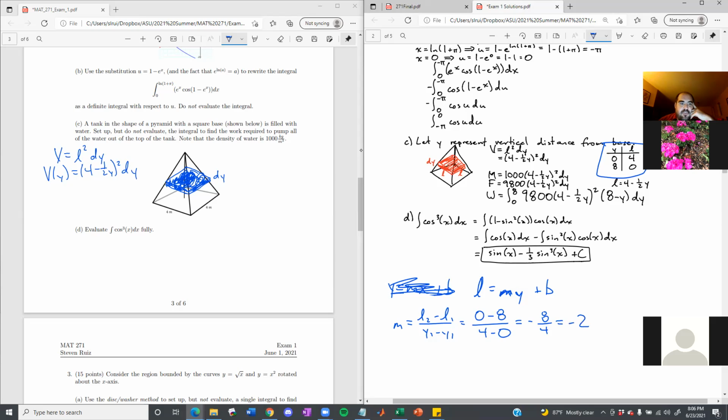Oh, now, did I do this wrong the whole time? Nope, I did it wrong just now. Value's in the wrong place. So 4 minus 0 over 0 minus 8, that comes out to negative 1/2.